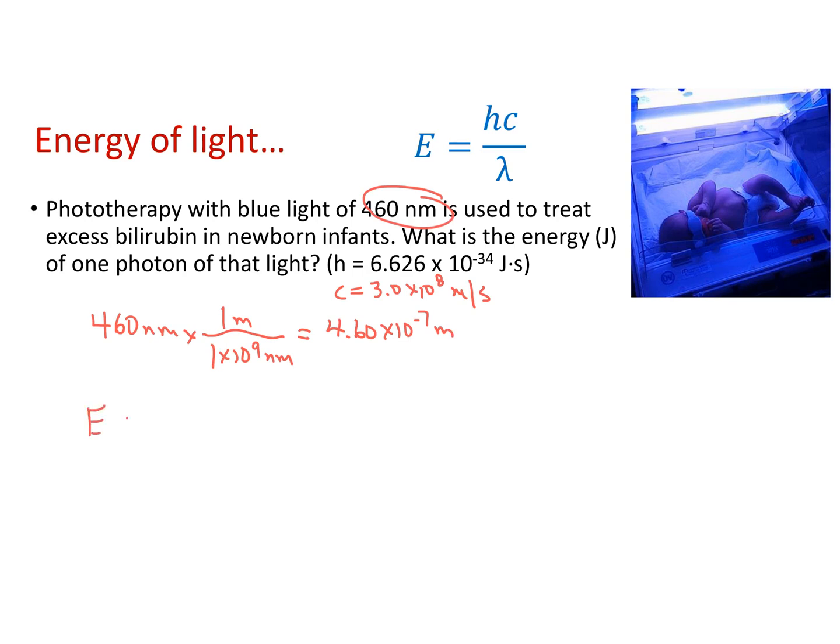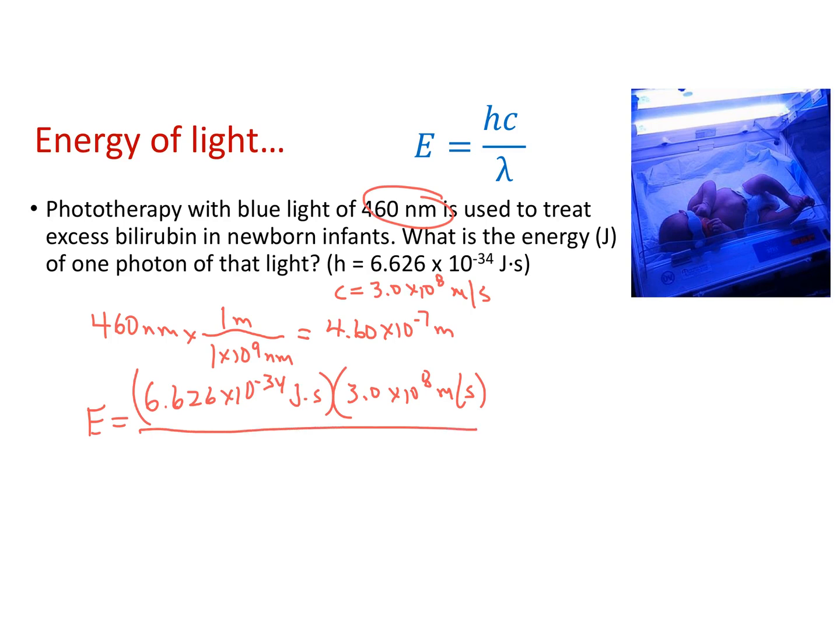Now I can find the energy of this wavelength of light. So energy equals Planck's constant, 6.626 times 10 to the minus 34 joules times seconds, times the speed of light, 3 times 10 to the 8th meters per second, divided by my wavelength of 4.60 times 10 to the minus 7. Let's look at units real quick.